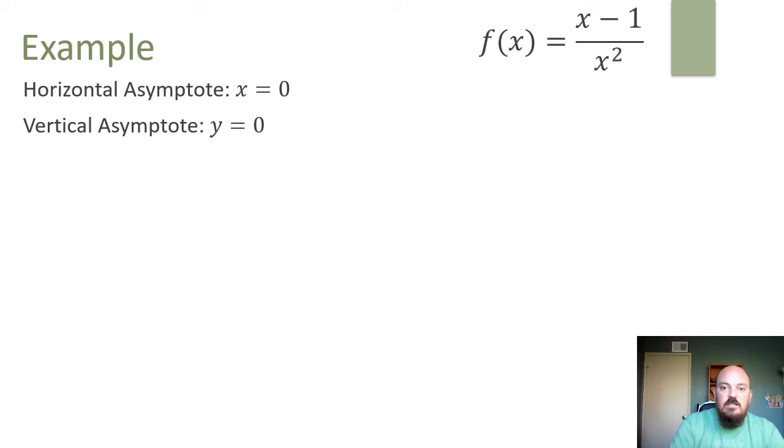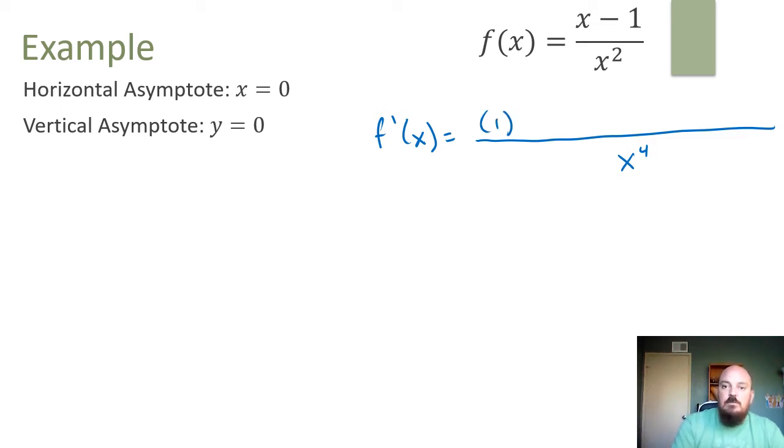Let's find f prime of x here. That's going to be quotient rule. So let me start off by squaring the bottom, which would be x to the 4th. And then I have the derivative of the top, which would just be 1, times the bottom, x squared, minus the derivative of the bottom, which would be 2x, times the top, which is x minus 1.